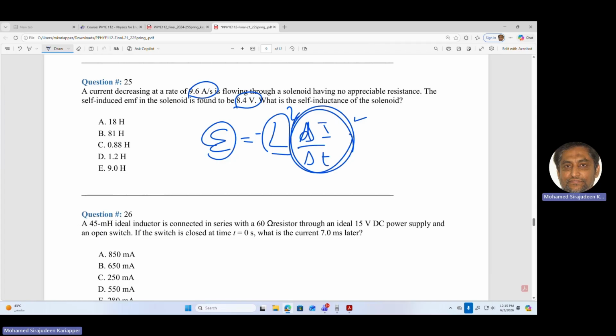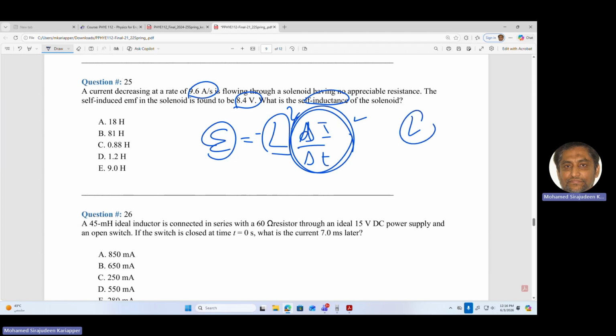Sometimes the question can be to get the direction. Suppose the question is to find the current, I can ask which direction also. Anyway, the question here is to find L, right?